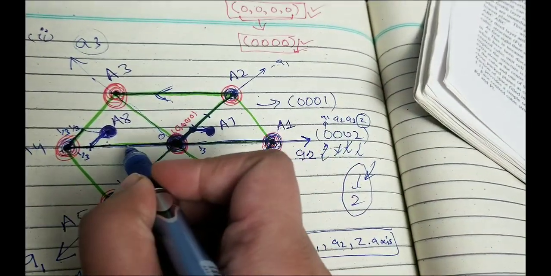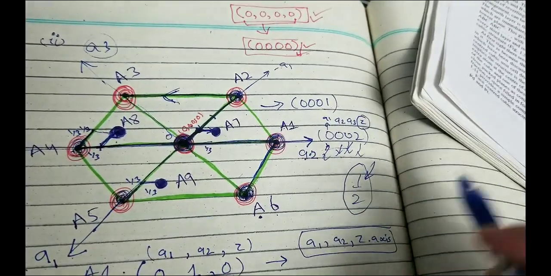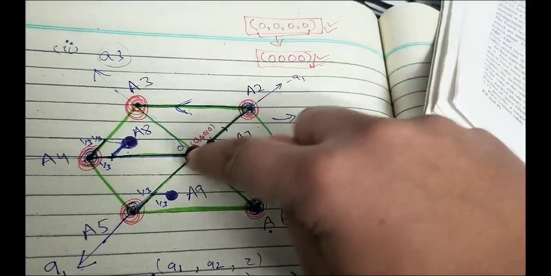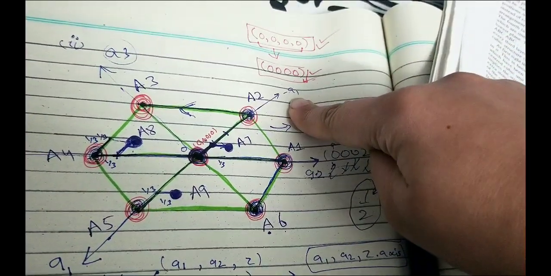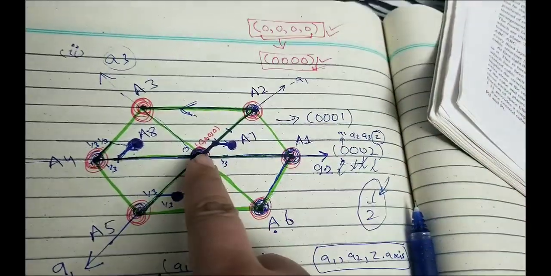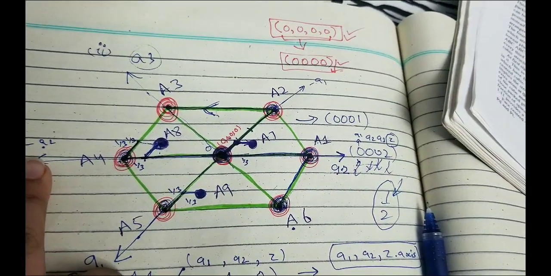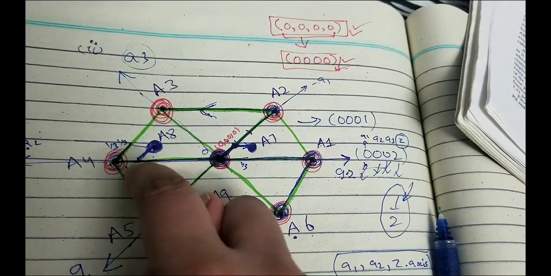This is negative A2 and this is negative A1. You can see here, moving along this direction means we are moving along negative A1. Moving along this direction means we are moving along negative A2. We have to move these units.